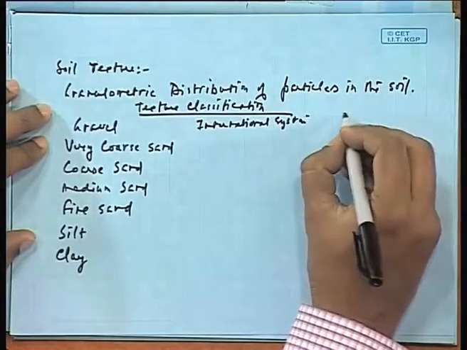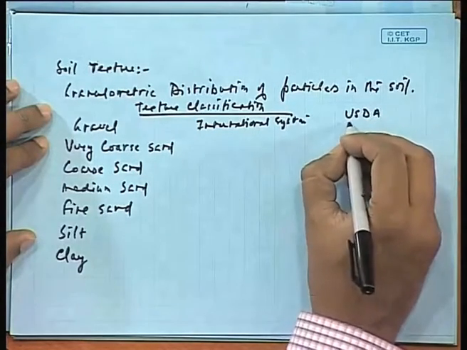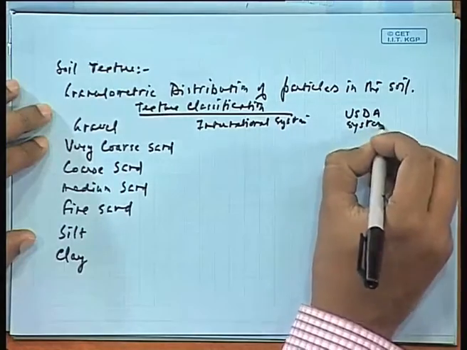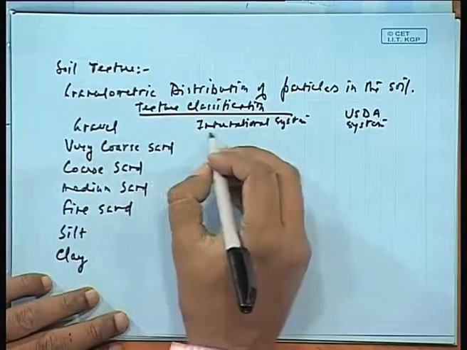And another is the US Department of Agriculture system. They generally explain it differently.